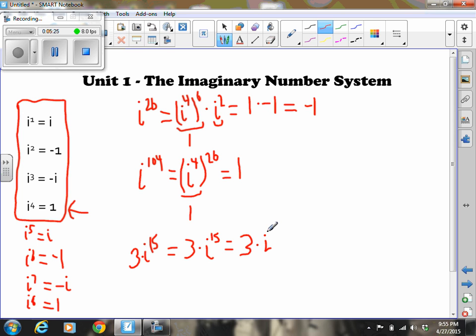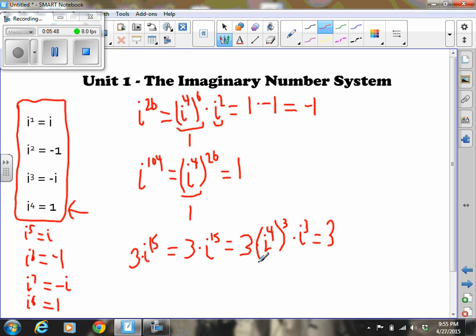Well, 4 groups would be too many. That would put me at 16. So I can only get 3. And if I get 4 groups of 3, I've got 12 i's. How many more would I need to make 15? I would need 3. So I've got more to multiply here, but I know exactly what I'm doing, and the process is the same. I'll bring my coefficient with me.